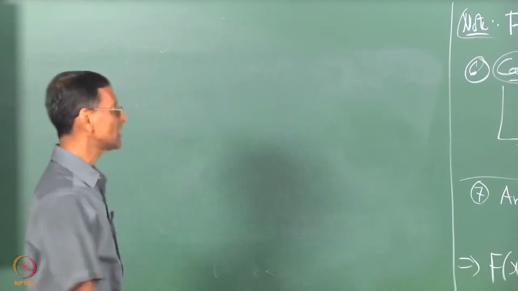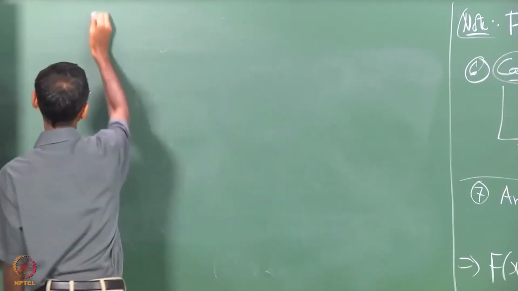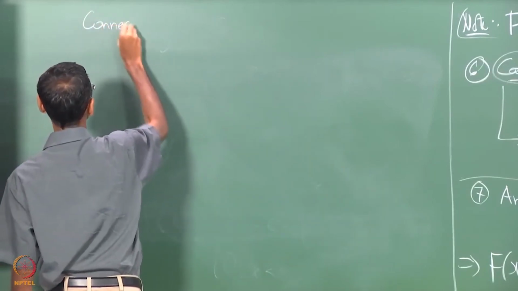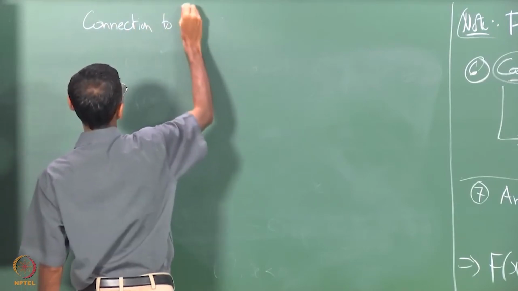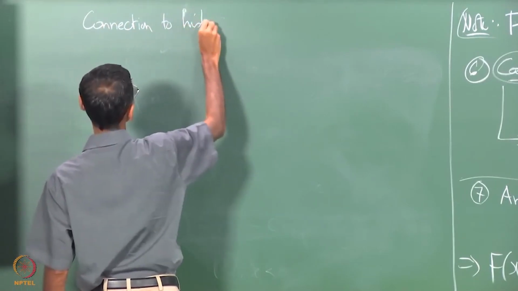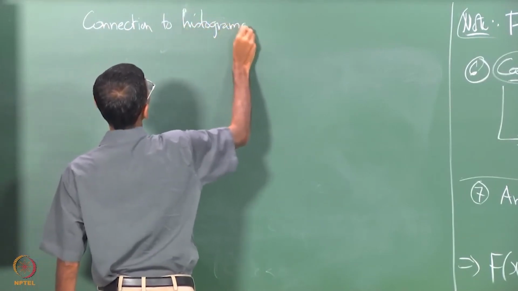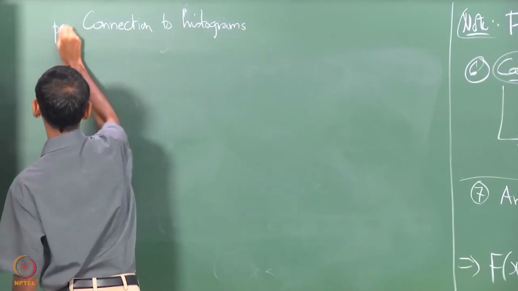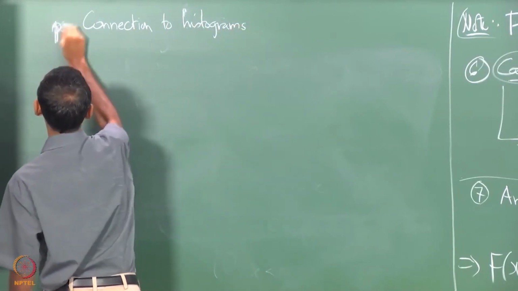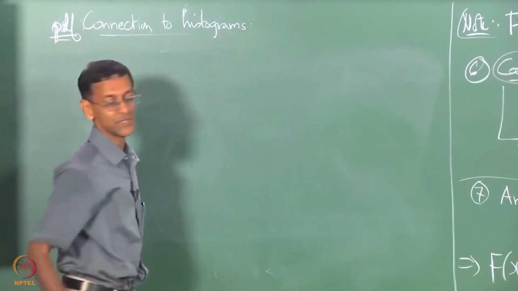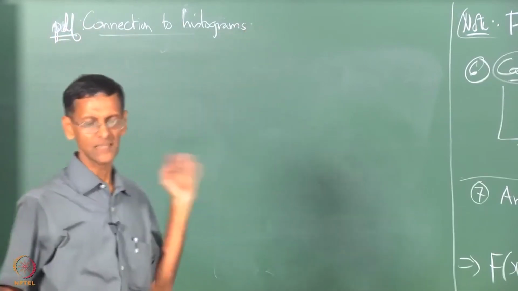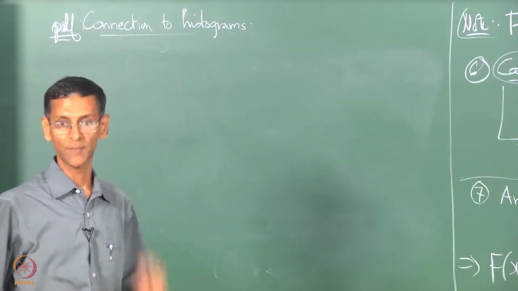So what is the connection? Let me just say one small thing before going ahead: the connection to histograms or probabilities. The density function is connected to histograms in the sense that there is a relation between a PDF value and a histogram.